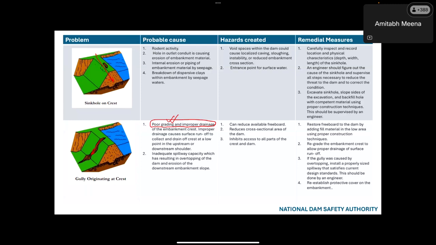If the dam has sometimes been overtopped, that may also cause this gully formation.